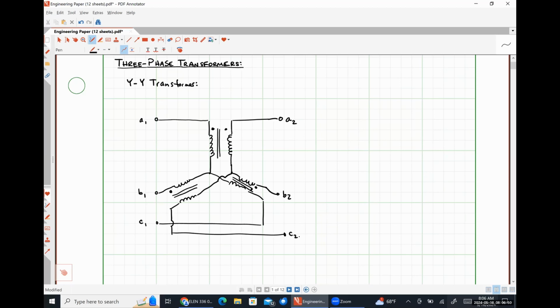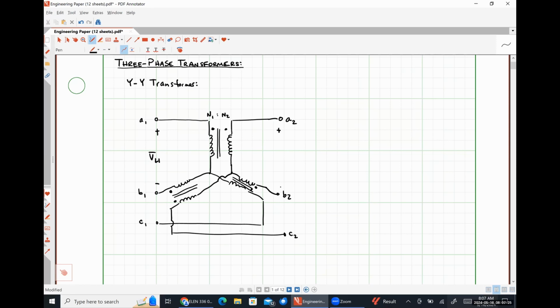So I effectively have two sets of Y connected coils kind of superimposed on top of each other in order to form a transformer. Our turns ratio will still be simply the ratio of N2 to N1. So if we call this our line voltage on our primary side, and I'm calling it a line voltage because it's measured between the transmission line terminals.